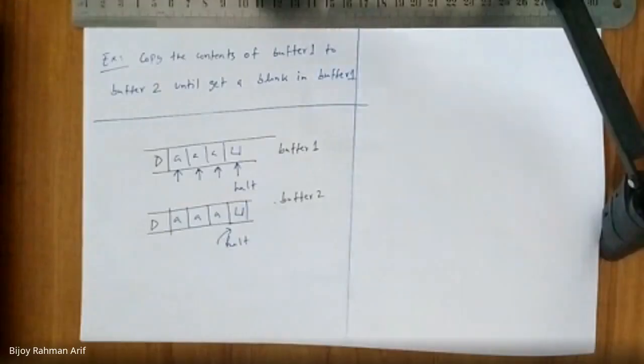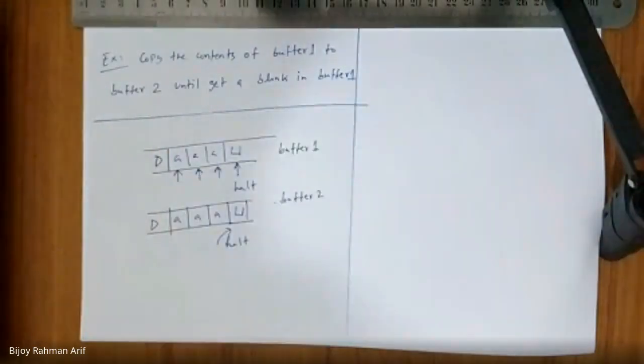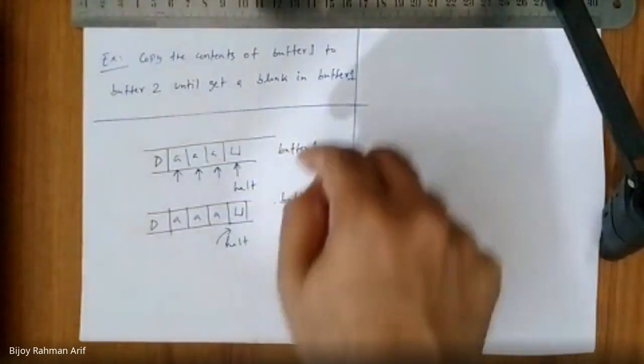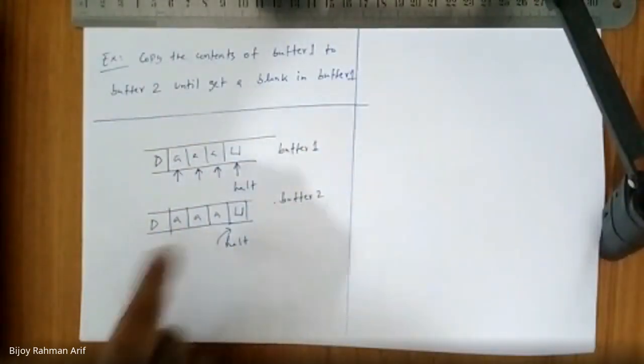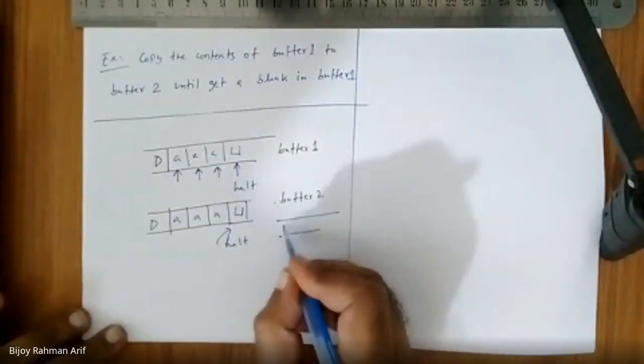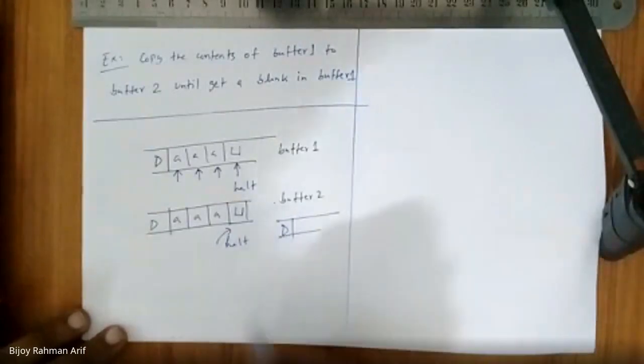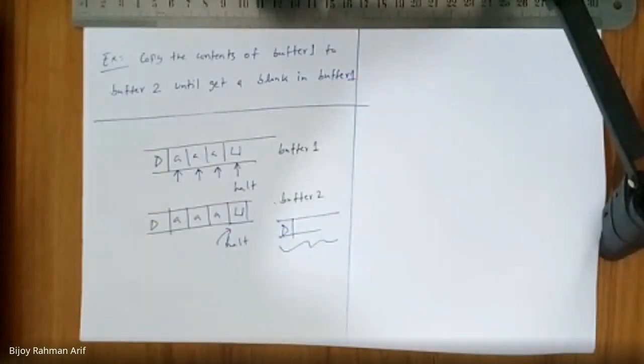Any idea, guys? Sir, won't this need memory? Two memories are already given, buffer 1 and buffer 2. Already we have 2 buffers. Memory is already given. Okay, sir. Initially buffer 2 is empty. Initially this is like this. Then we fill it up.